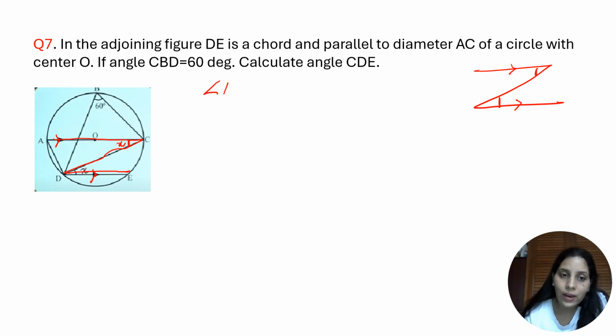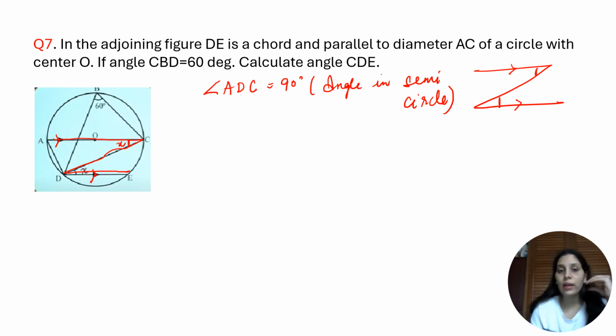Also, I can write angle ADC is 90 degrees, angle in semicircle. So see, only those theorems have been used again and again. There are just 5 to 6 theorems that you need to keep in your head, and the chapter becomes very easy. Okay. Now, we got this angle as 90.